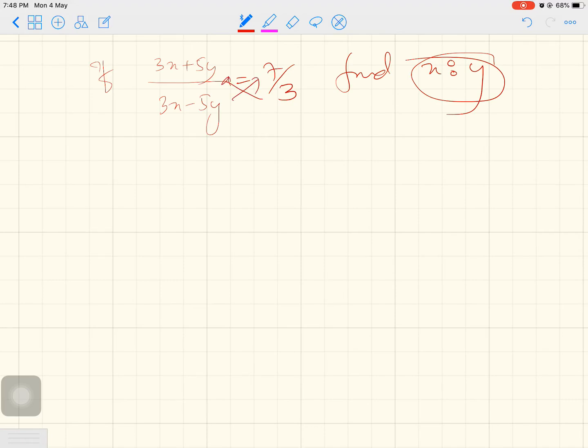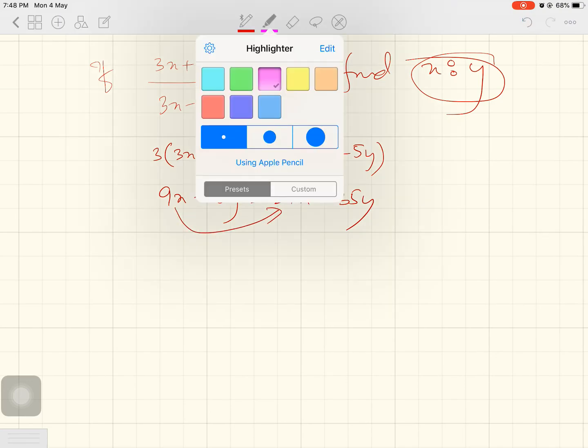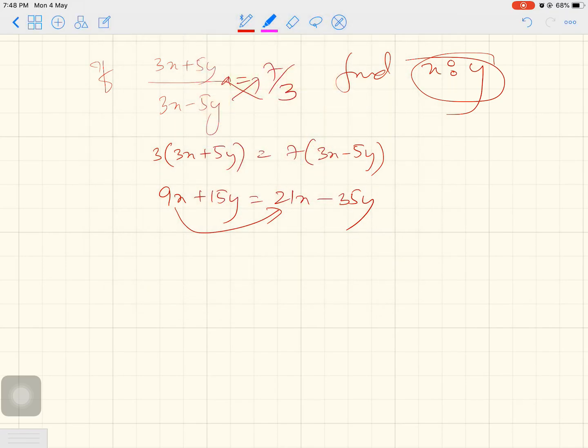You just crisscross, cross multiply. So 3 will multiply 3x plus 5y. Here 7 will also multiply 3x minus 5y, because I want to group the like ones together. So 9x plus 15y equals 21x minus 35y. Great. Let me show you with a different color.